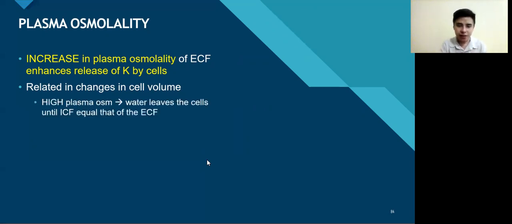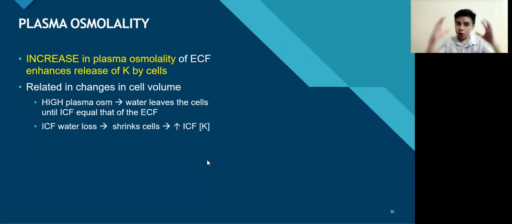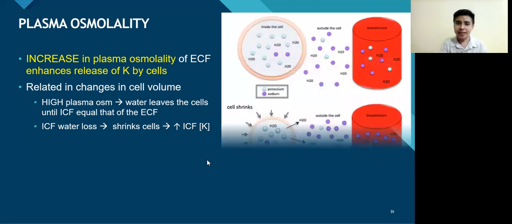So with high plasma osmolality, water will leave the cell from ICF to the ECF. As more water goes out, the cell shrinks. If the cell shrinks, there is less volume, so you concentrate the potassium, like in this picture.